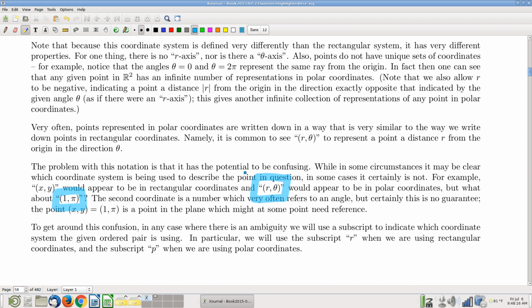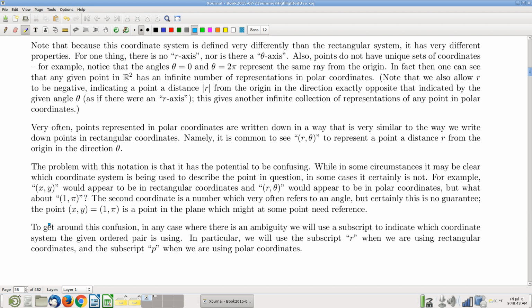That said, it is perfectly plausible that the point where x equals 1 and y equals pi might need reference at some point. So if you just say 1 comma pi, it's in fact unclear what you mean, right?